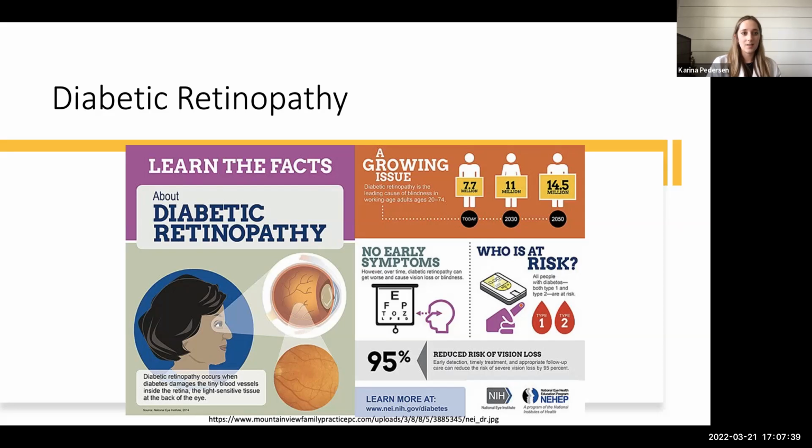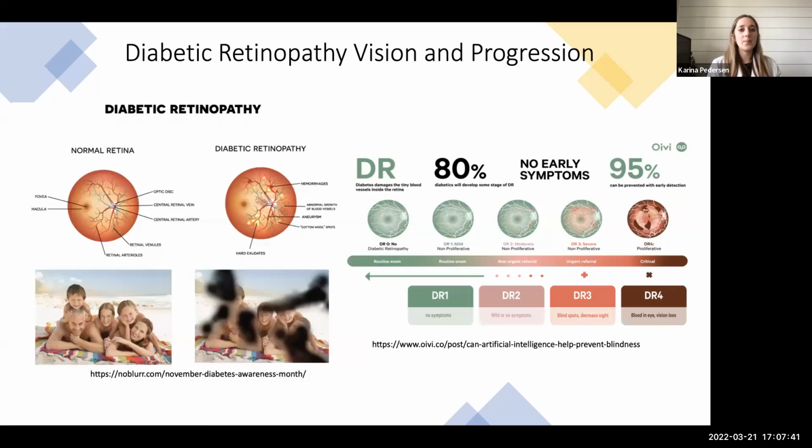So next slide. On this slide, we're going to talk about diabetic retinopathy vision and progression. On the left, you're going to see a picture of a normal retina and then a picture of a retina with diabetic retinopathy.